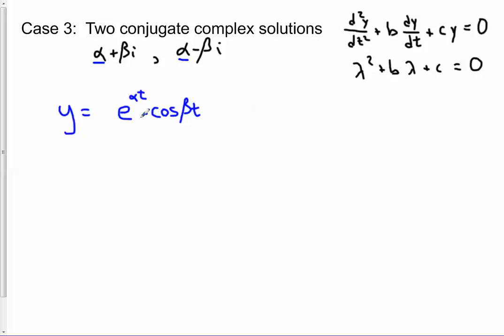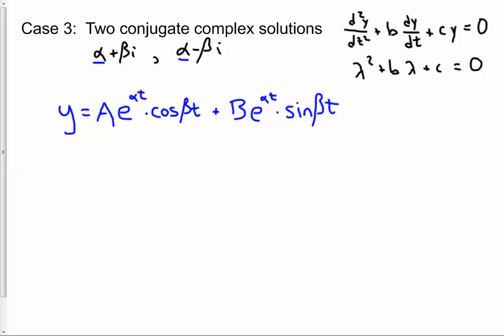And that's going to be one solution. We put an arbitrary constant in front of it. Your other solution will be the same, e to the alpha t, and then times a sine of beta t. So the real part of your solution goes into an exponential. The imaginary part goes into a cosine and a sine, respectively.